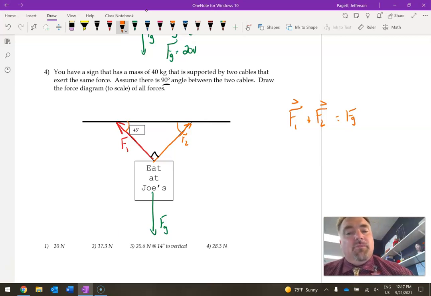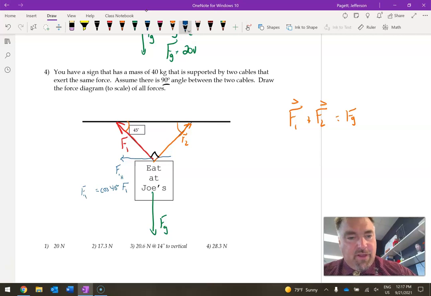Okay? So because these are not parallel, instead what I'm going to do is break them up into pieces. So I'm going to break up F1 into a piece that goes horizontal, which I'll call F1H. And F1H is going to equal the cosine of 45 degrees times F1.